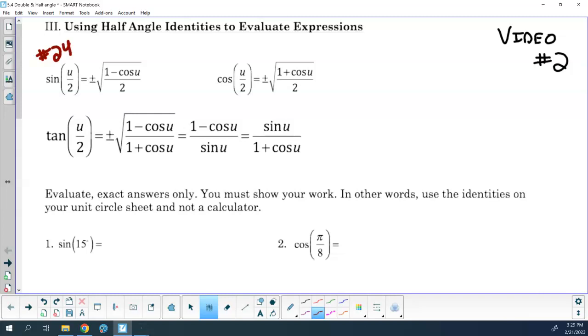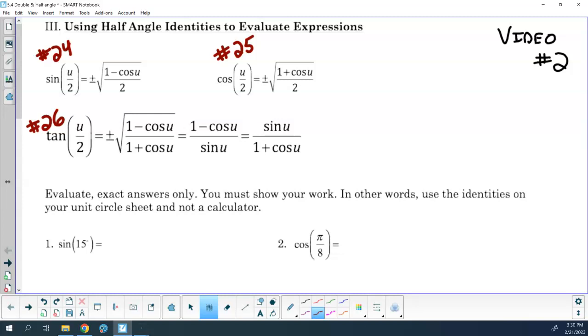The half angle for cosine is number 25. And for tangent, and its 3 options, is number 26 on your pink sheet, lower right-hand column. So there they are. They're written down for you on there.